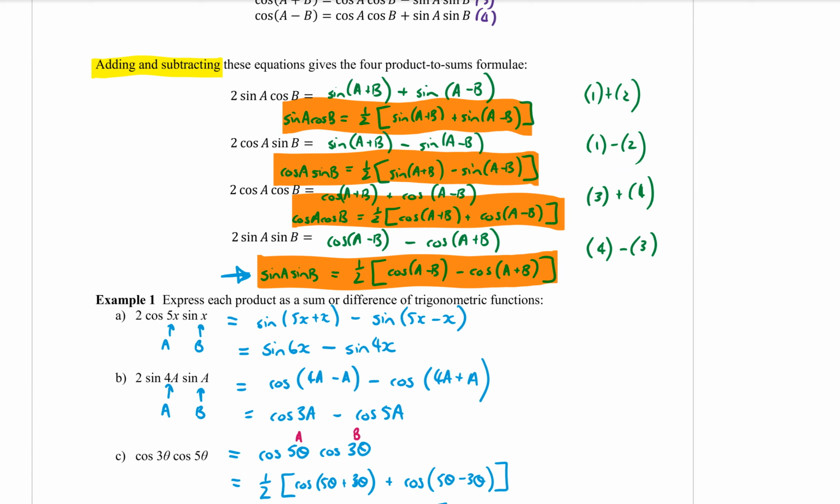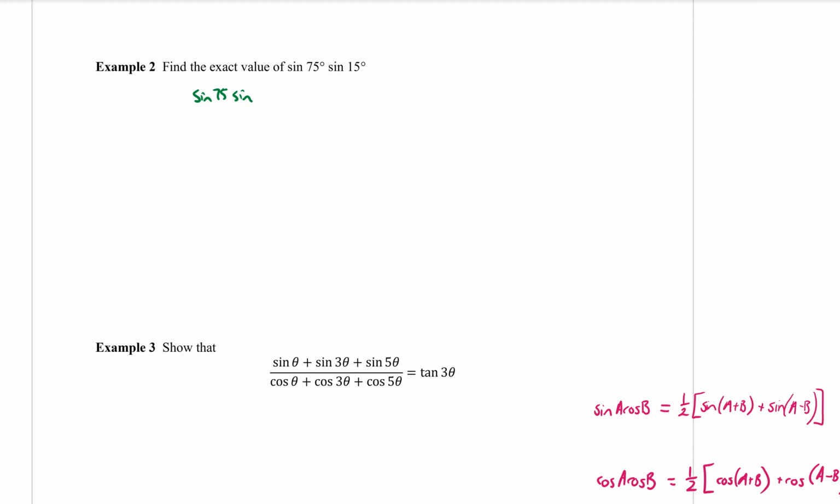So let's have a look for this question. Sine 75, sine 15. If the 75 is the A and the 15 is the B, using that formula shown above, we have half, bracket, cos of 75 minus 15 minus cos of 75 plus 15.